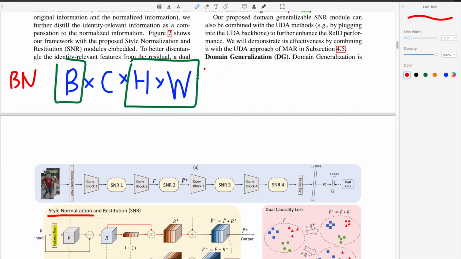And then you linearly transform this normalized feature by multiplying gamma and adding beta, which are both learned parameters. By doing this, batch norm is shown to really accelerate the convergence of training, and it is used in a lot of modern deep learning architectures.